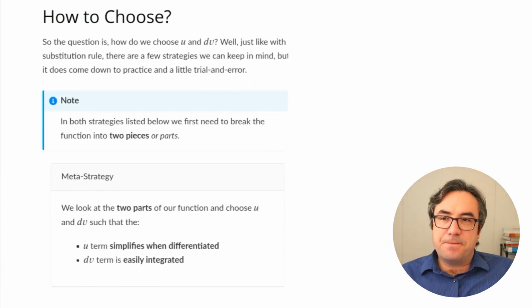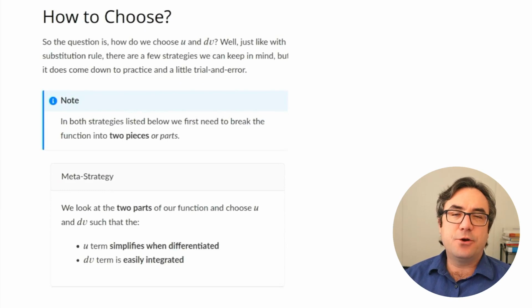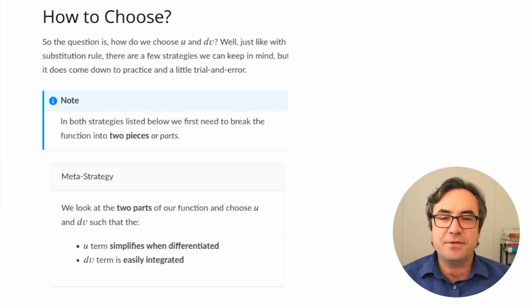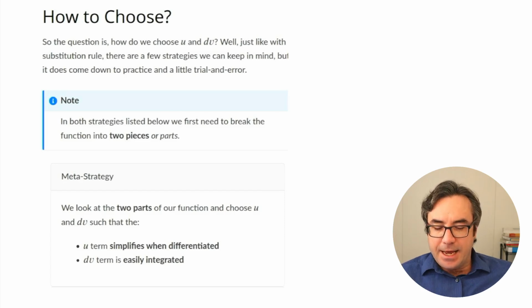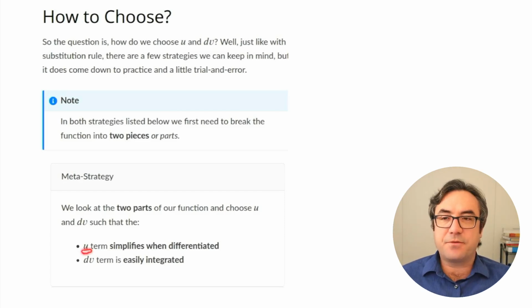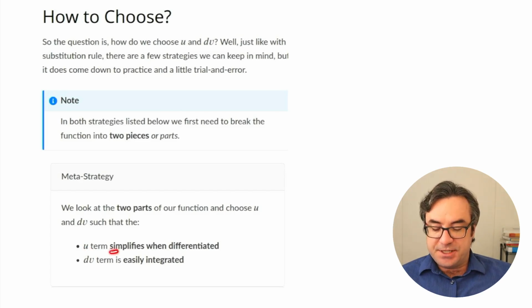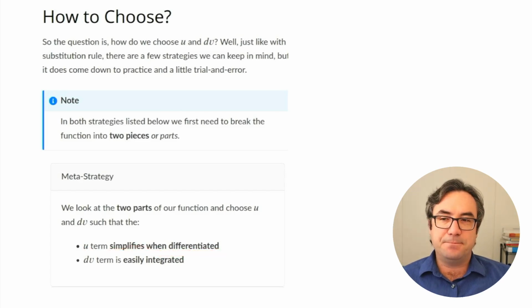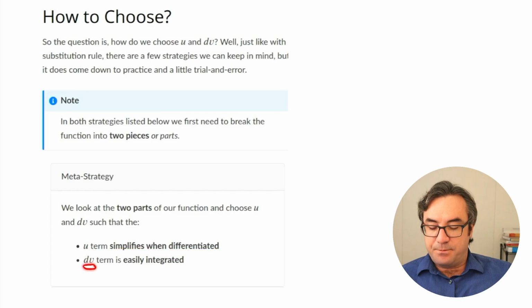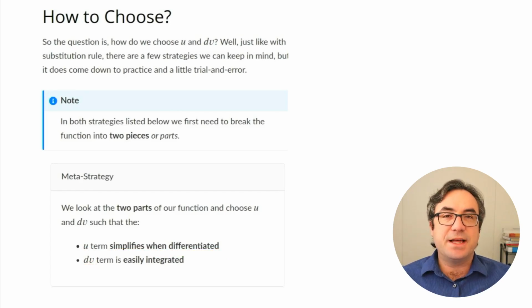So the main strategy here for how do we choose u and dv, that's ultimately kind of the difficult part. And the main idea is whatever we pick for u, it should simplify when we differentiate it. And when we pick dv, it should be something that's easy to integrate.